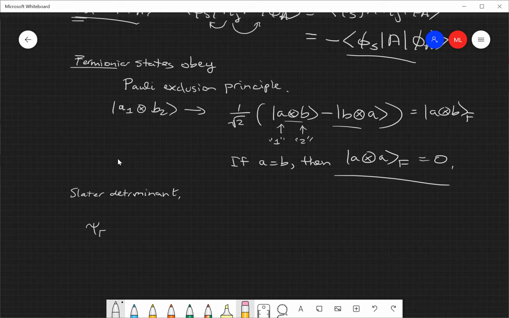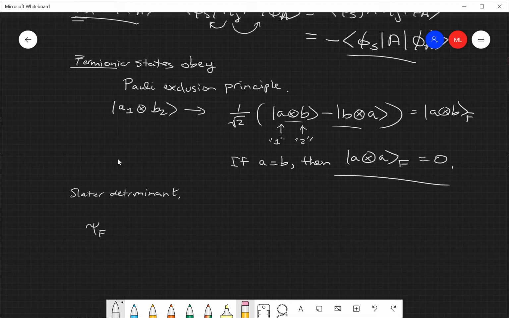So for instance, if you want to construct a fermionic wave function for 3 particles, you would have to add all the combinations of A, B, and C, so all the different ways of permuting among A, B, and C. And each time you permute any two of them, you pick up a minus sign.